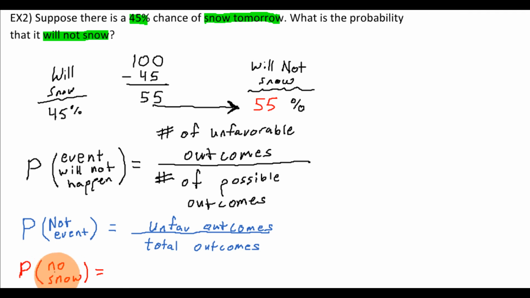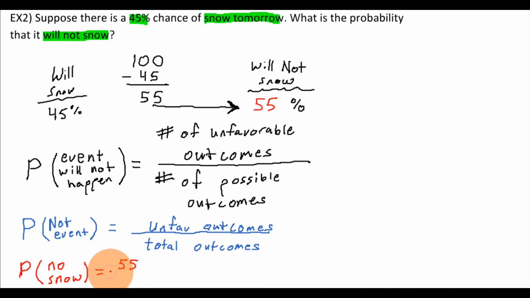Okay, so the probability that it will not snow, or of no snow, is equal to our unfavorable outcomes on top. Well, how can we find our unfavorable outcomes? Well, think about it. Our favorable outcomes was that 45% out of 100, so we had to take 45 and subtract it from 100, and we got 55. So our unfavorable outcomes is 55. That's how we find our unfavorable outcomes.